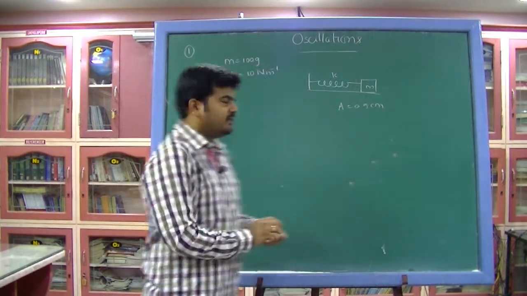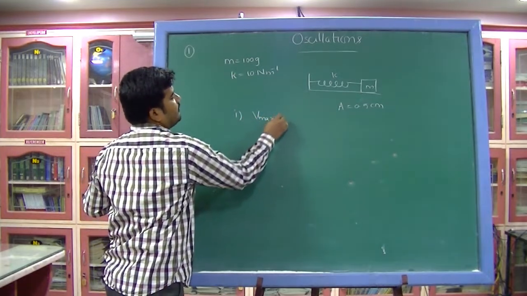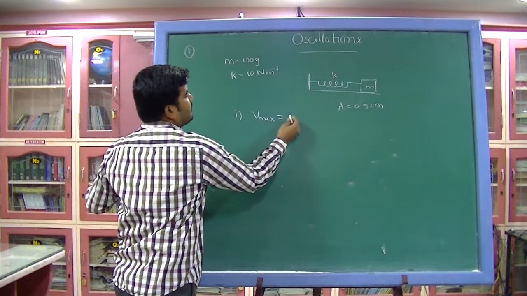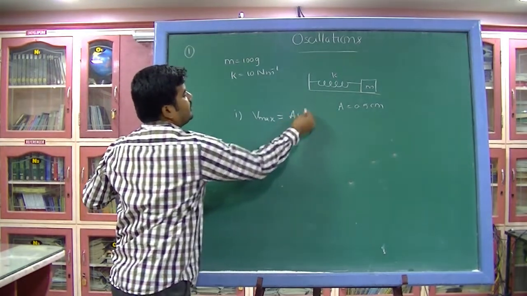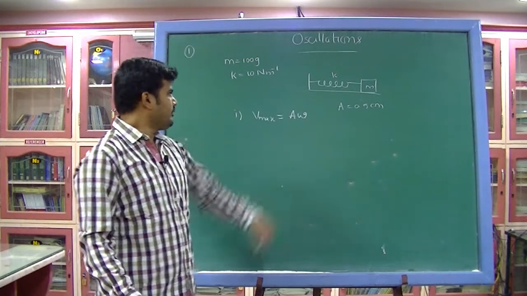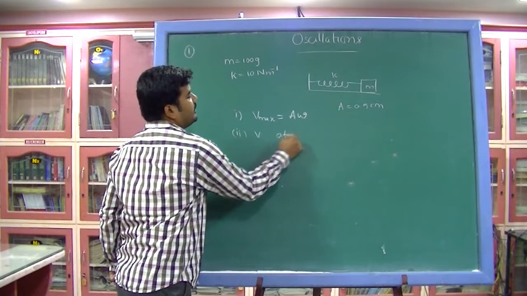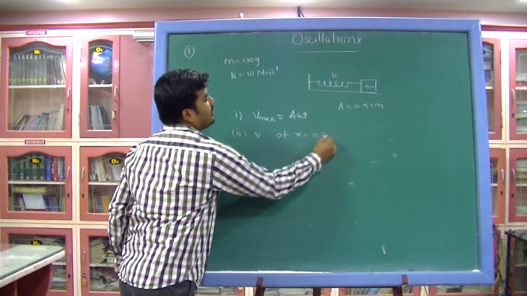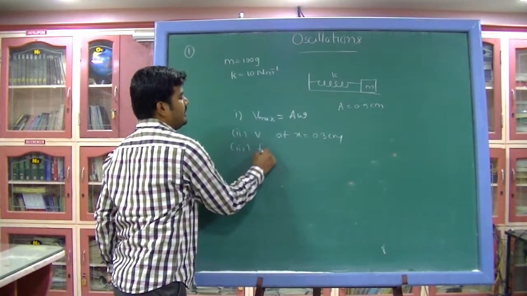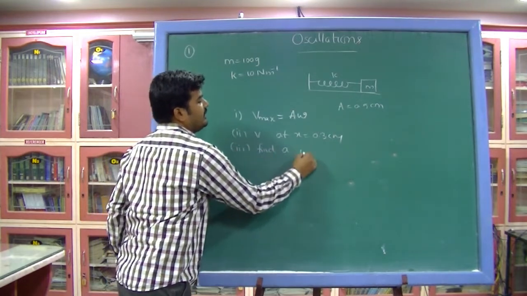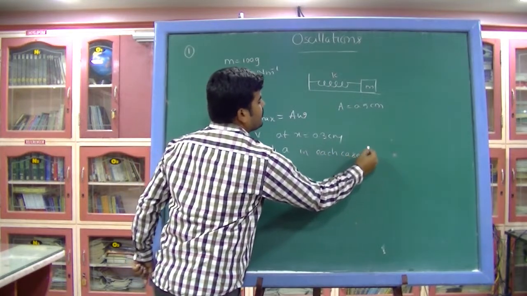The questions are: find the maximum speed of the oscillations, that is A omega; second, find the speed at displacement x equal to 0.3 centimeter; and third, find the acceleration in each case.